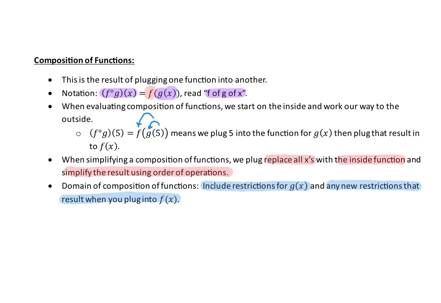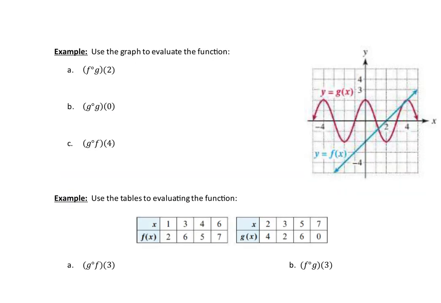Okay, let's go ahead and look at some examples. And we are going to start with evaluating using composition of functions. All right, so just like what we saw in the last section, we can go ahead and apply similar techniques, not only to equations, but also graphs and tables. And so, for instance, we're going to start with a graph.